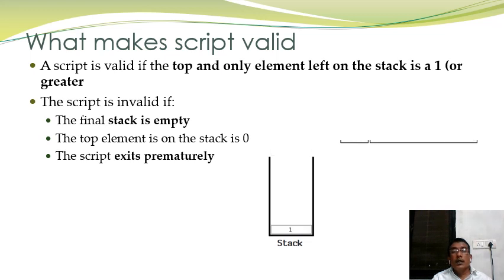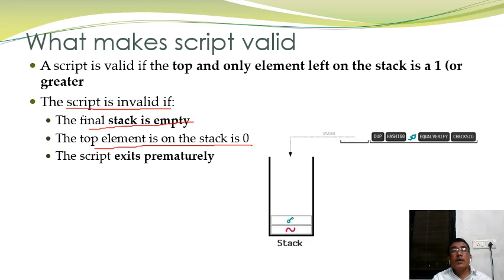The script is invalid when the final stack is empty or the top element on the stack is 0. If the top element on the stack is 0, the script exits prematurely. If the script terminates prematurely, then that script is said to be an invalid script.